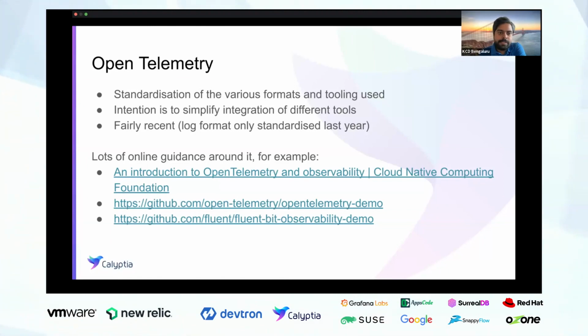OpenTelemetry is a very, very popular word right now, I guess. It started just four to five years back, and the project has gone at rocket speed. Everybody is talking about it right now. If some of you haven't heard about OpenTelemetry, it's nothing but a standard. Just think of it as a set of rules, a rule book.